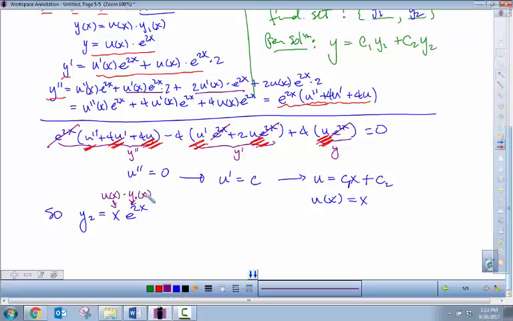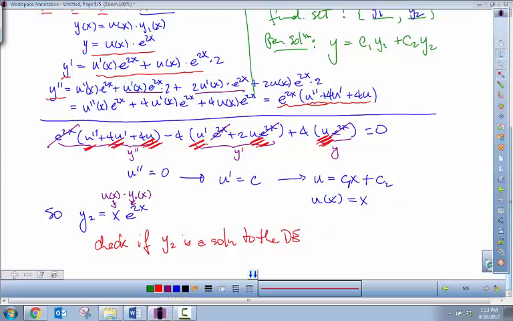Right. This is a differential equation. We found the answer, so we can always plug it back in, right? Which is what you're supposed to do to check your answer. Let's check our answer. So let's check if this is a solution to the differential equation.